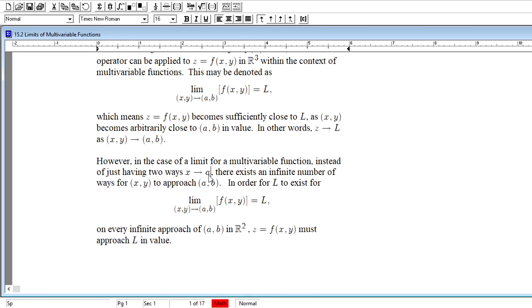However, in the case of a multivariable function and the limit applied to it, there actually exists an infinite number of ways for our independent values x and y to approach the specific value a, b in our coordinate space.